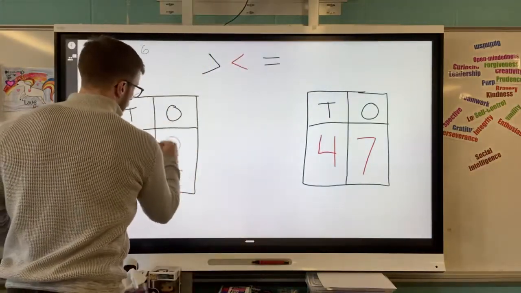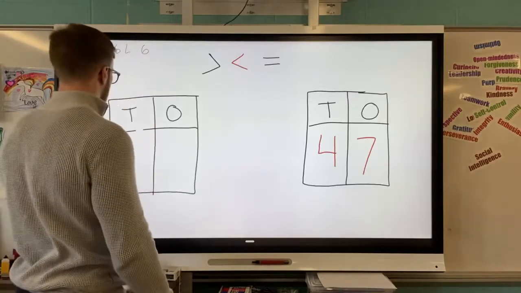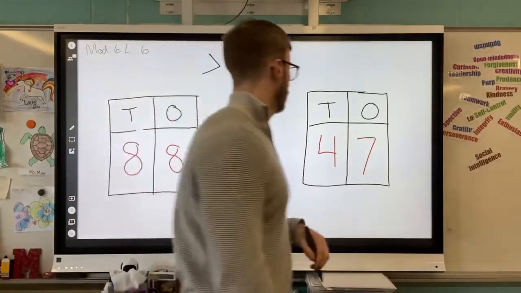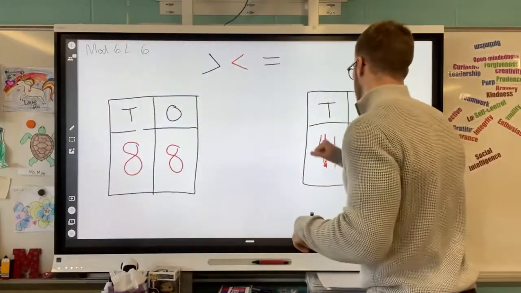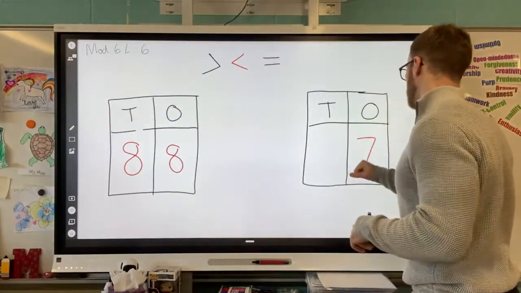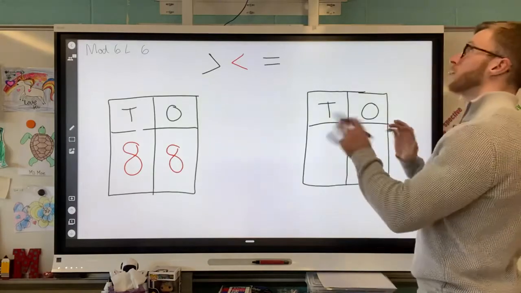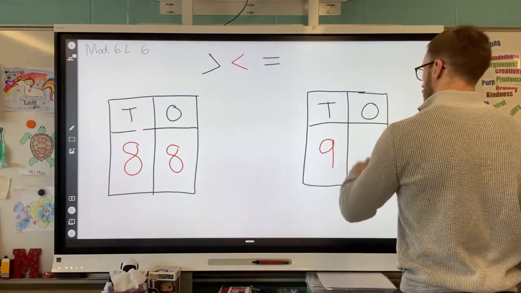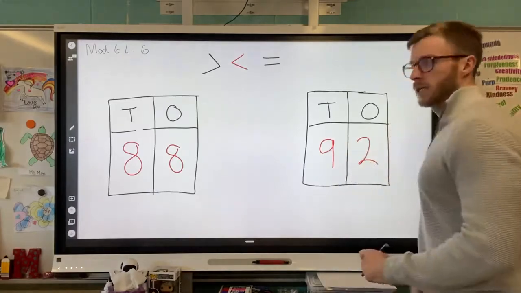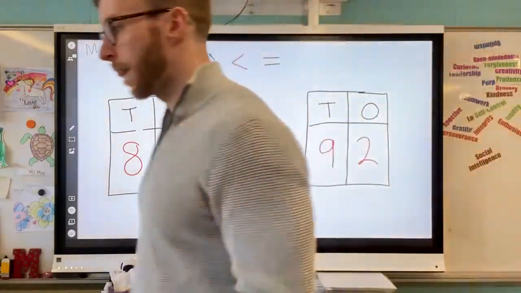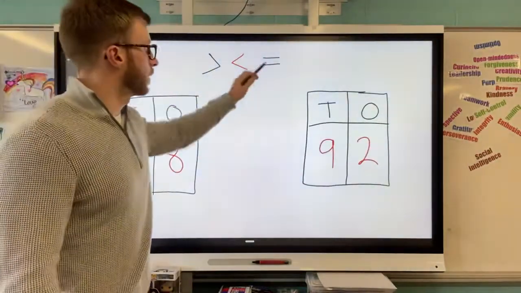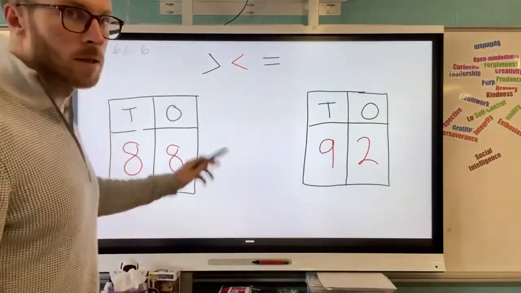So let's see. Here I'm going to put the number 88. I like that number. And over here, I'm going to put the number 92. So go ahead, think about which symbol, greater than, less than, or equal to, belongs in the middle here.